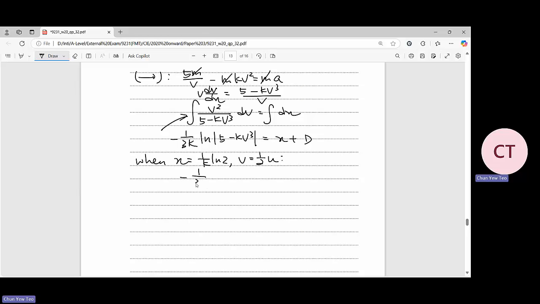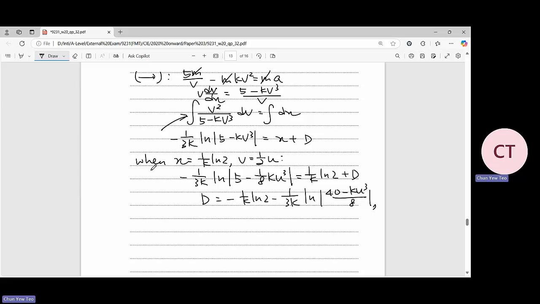So negative 1 over 3k ln 5 minus 1 over 8 ku cubed is equal to 1 over k ln 2 plus d. So your d will be equal to negative 1 over k ln 2 minus 1 over 3k ln modulus of 40 minus ku cubed over 8.